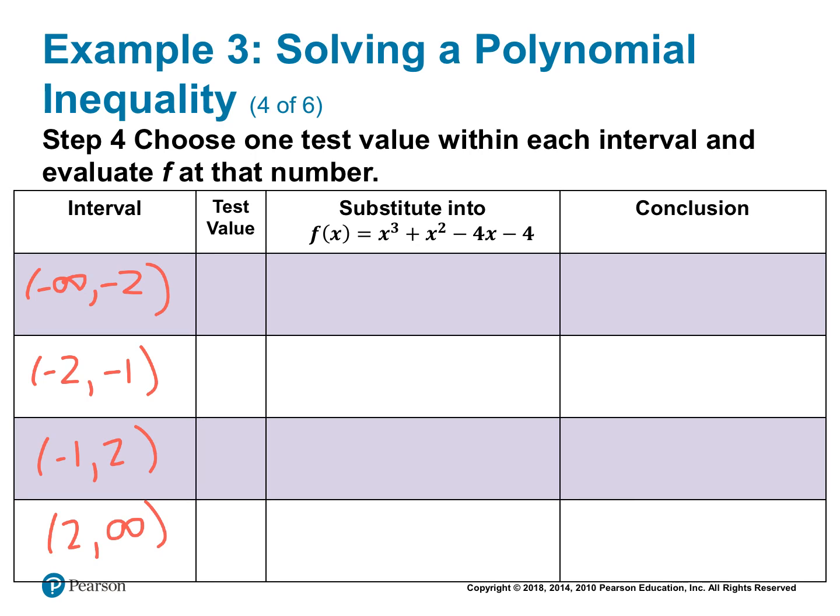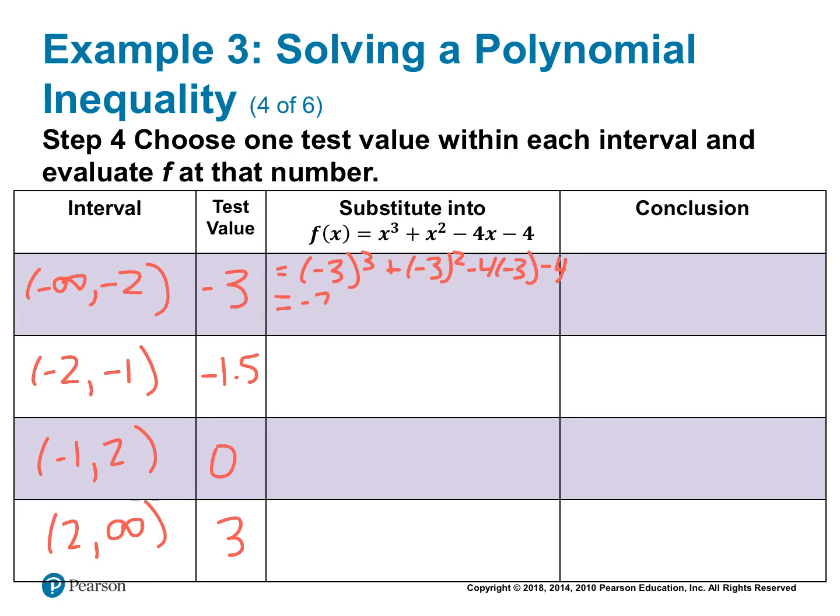So now let's try to find easy test values we could use. I'll use negative 3 here, negative 1.5 here, 0, and 3. I'm not going to show all these substitutions because that'll take a while, but I will show you the first one. Negative 3 cubed plus negative 3 squared minus 4 times negative 3 minus 4.